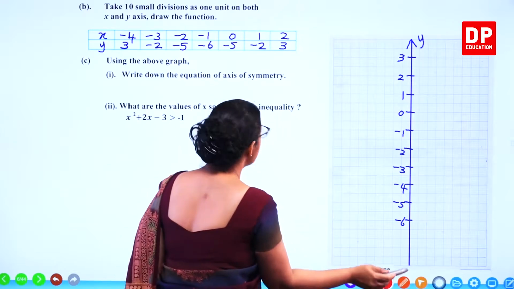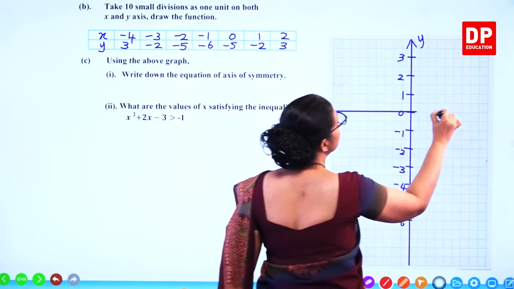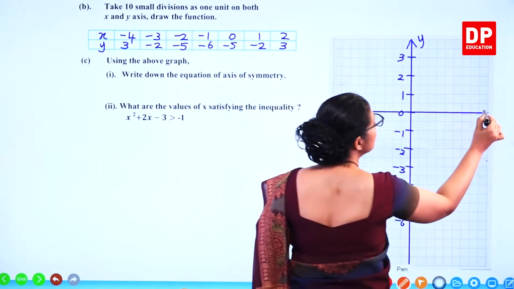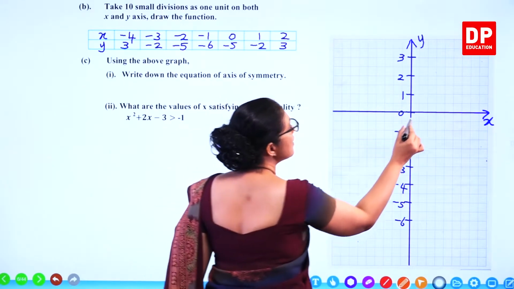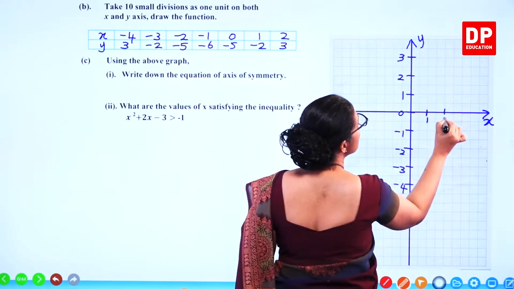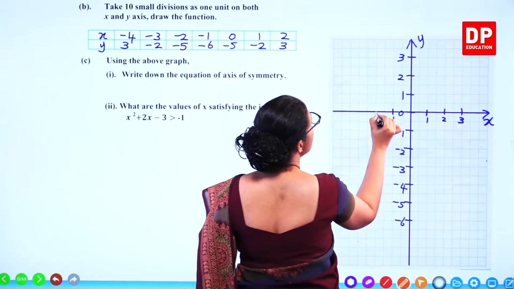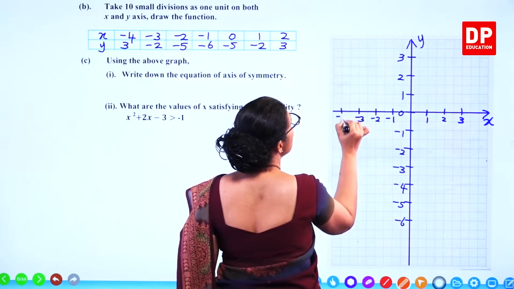Then the y-axis is here. That's x. So we'll mark it 1, 2, 3. -1, -2, -3, -4.